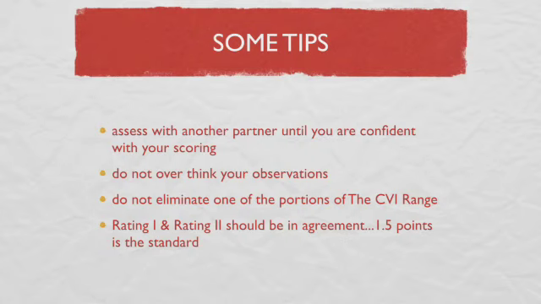So if you can find a partner or another observer for a second pair of eyes to see if they're observing and hearing what you're hearing, that's great. In our clinic at Pediatric View, on the days when my husband is working with me, he is that second set of eyes, and it's wonderful to have someone who can co-assess with you to check your reliability and see if you're seeing things the same way.